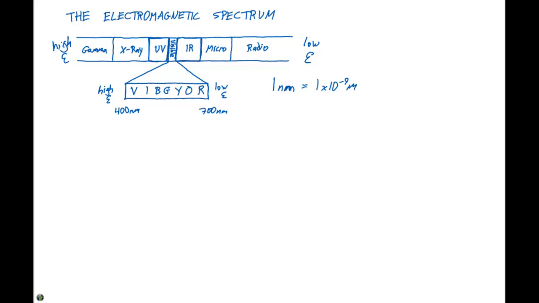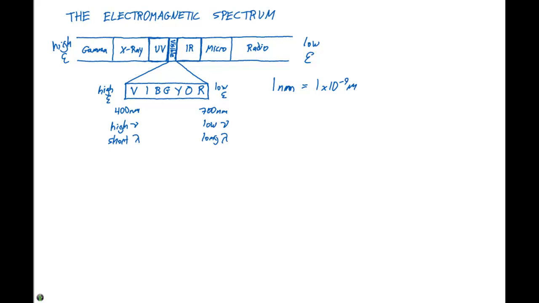If we have high energy, that means this is also going to be a high frequency, and the red wavelengths will have a low frequency. Remember that energy is inversely proportional to the wavelength, so 400 nanometers will have a short wavelength, and the 700 nanometer radiation will have a longer wavelength.